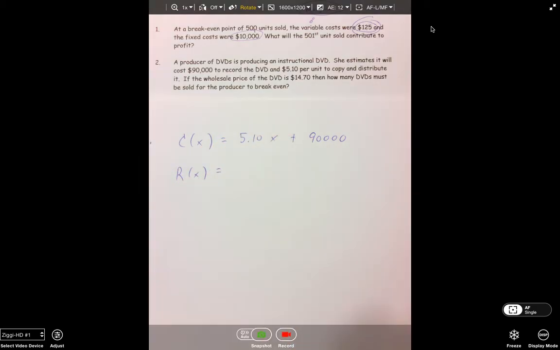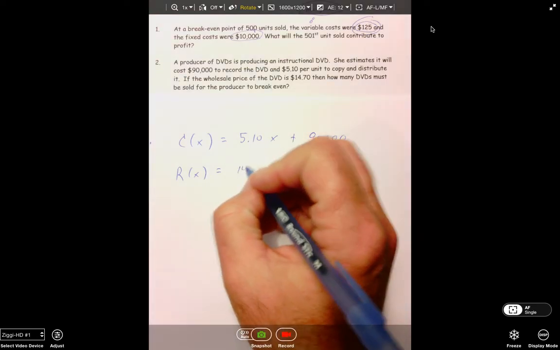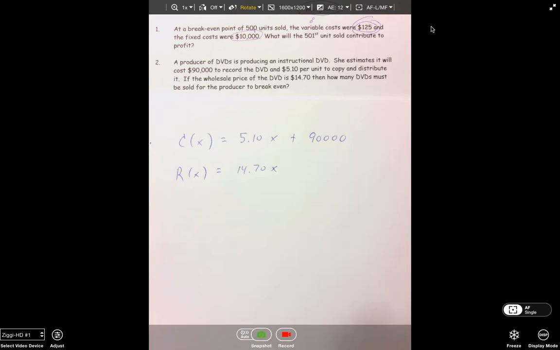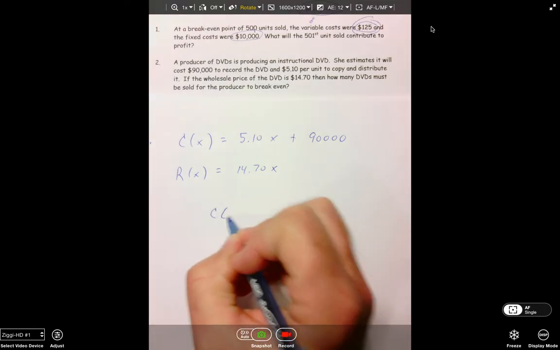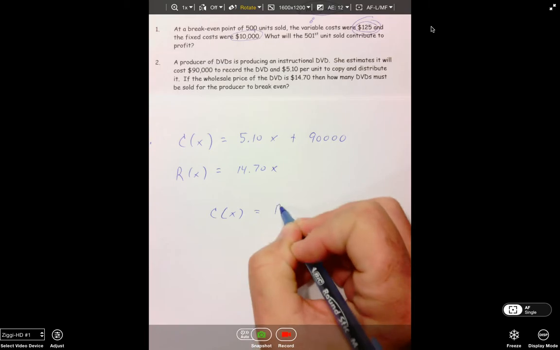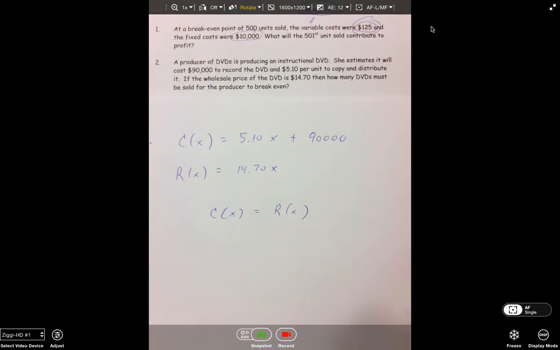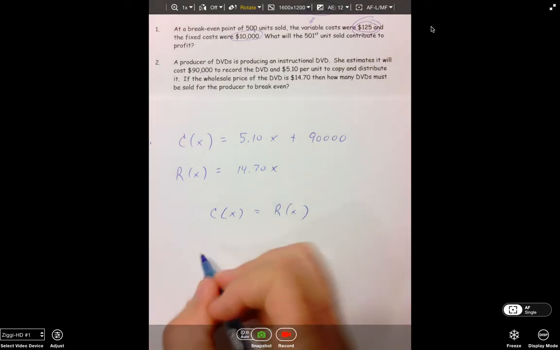And they're selling this thing at $14.70 per unit. It's technically not the retail price, but it still is the revenue for this company. Okay. Well, guys, break even is when the cost equals the revenue.